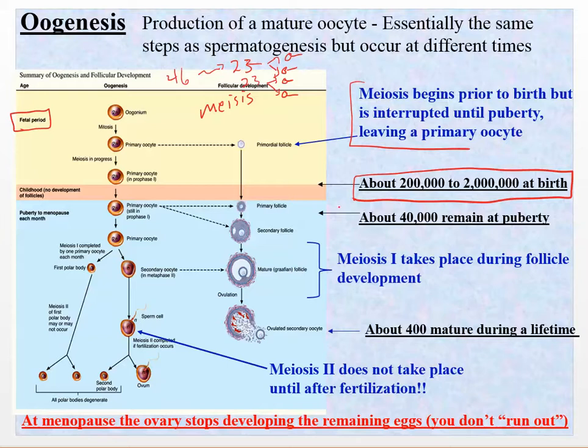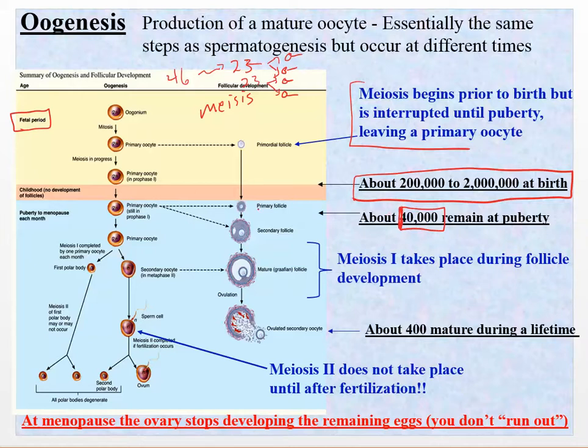Some of those through the early years will be reabsorbed, because you don't need that many, and about 40,000 remain at puberty. So these first steps started in the fetus, and then nothing.